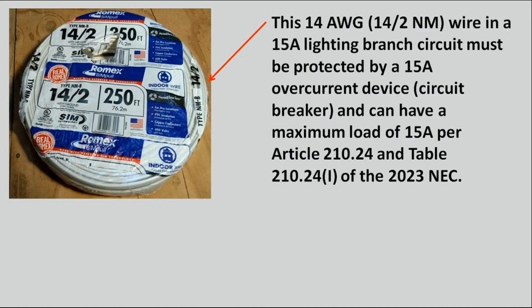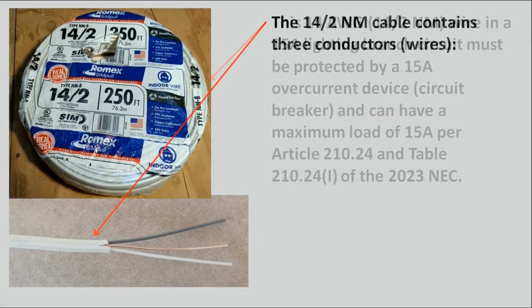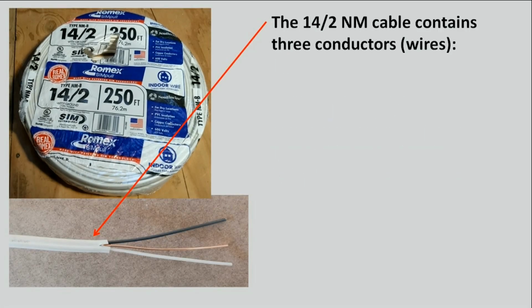This 14-gauge, 14-2 NM wire in a 15 amp lighting branch circuit must be protected by a 15 amp overcurrent device, circuit breaker, and can have a maximum load of 15 amps per Article 210.24 and Table 210.24 of the 2023 NEC.